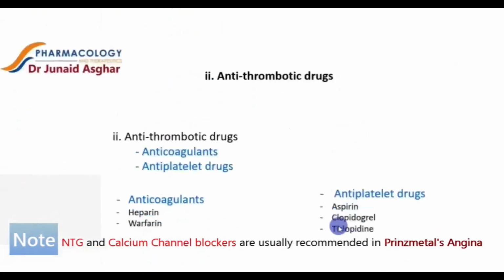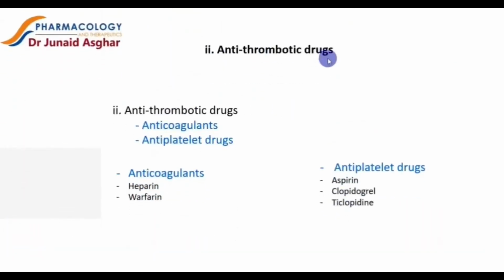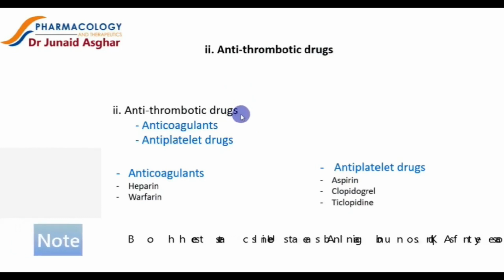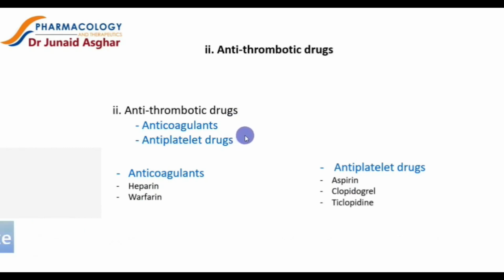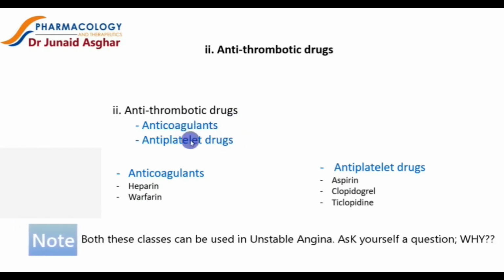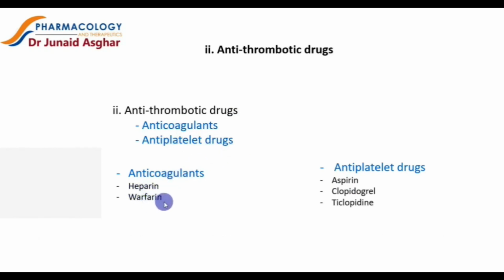Now the antithrombotic drugs include anticoagulants and antiplatelet drugs, because as you know, in unstable angina there could be a clot formation, a thrombus formation. In dealing with clots or thrombi, we use anticoagulants and antiplatelet drugs. The anticoagulants include heparin and warfarin. Yes, the well-known drugs, the classical agents.